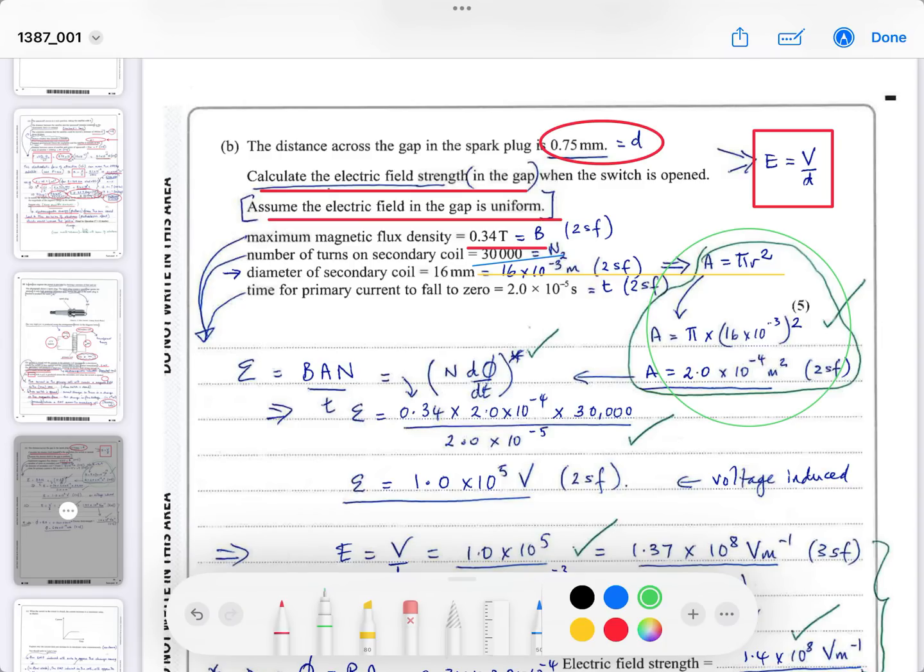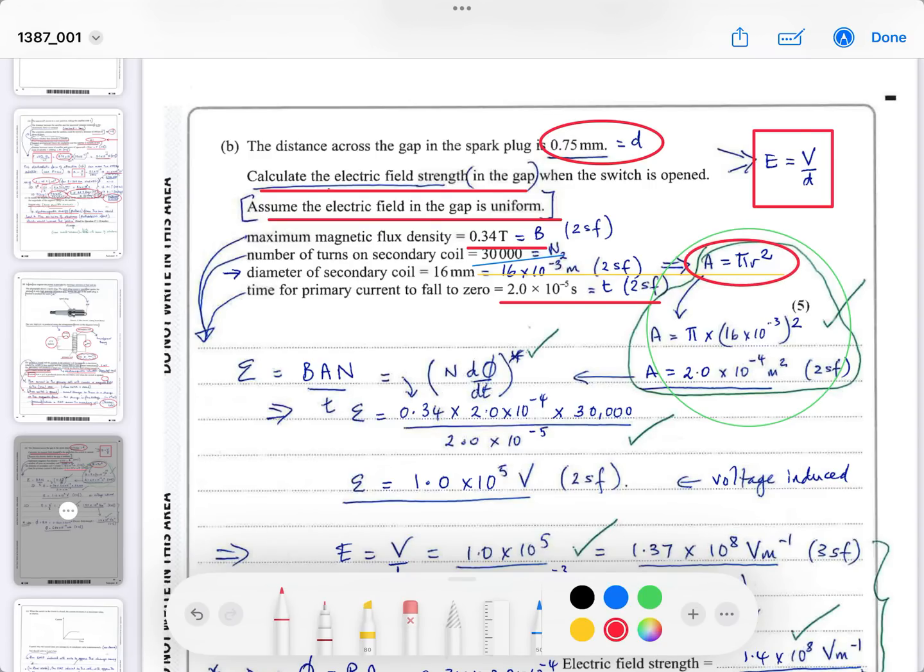And the time it takes for the current to fall to 0 is given to you here. So we know B, and we can work out A.